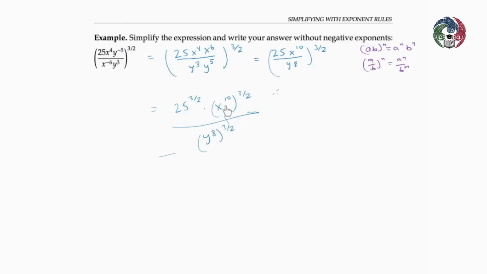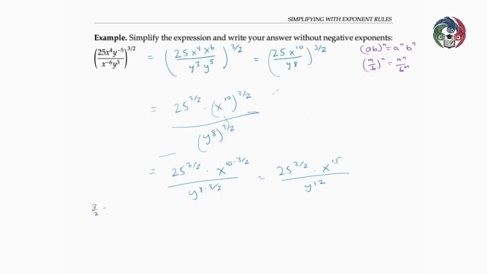Now the power rule tells me when I have a power to a power, I get to multiply the exponents. So I can rewrite this as 25 to the 3/2 times x to the 10 times 3/2 over y to the 8 times 3/2. In other words, 25 to the 3/2 times x to the 15th over y to the 12th. Finally, I need to rewrite 25 to the 3/2.